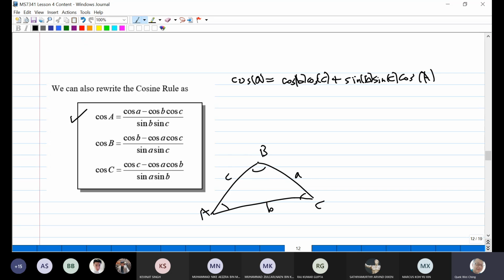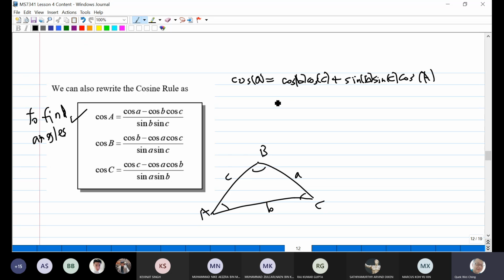So I want to find the angle now. Just now I wanted to find the side, and this is to find the angle, so I must rearrange them.